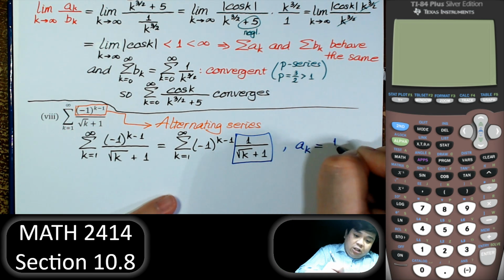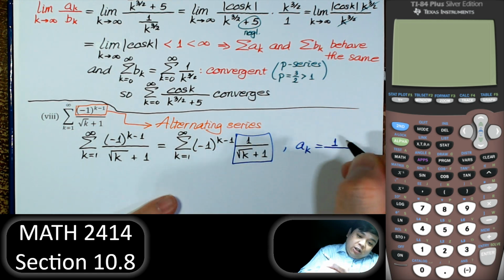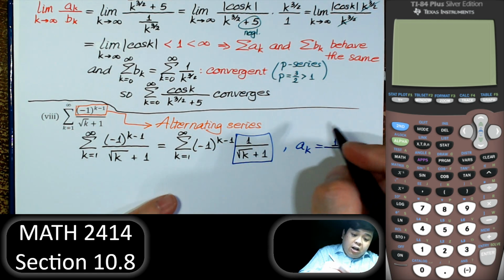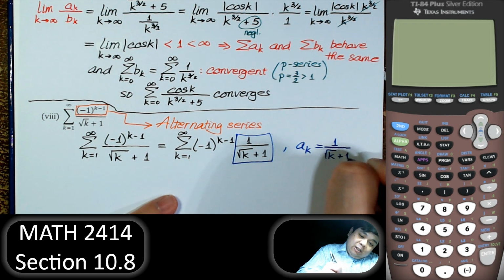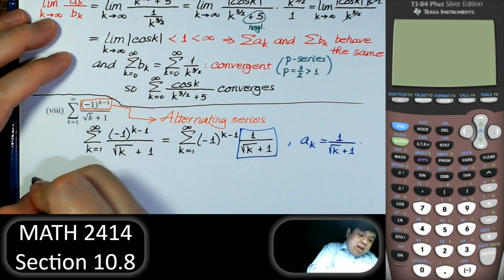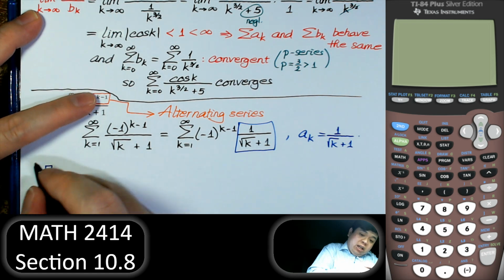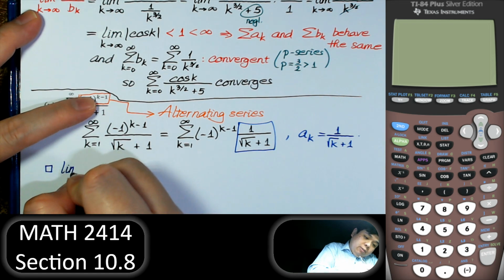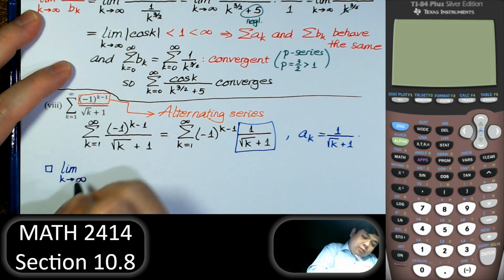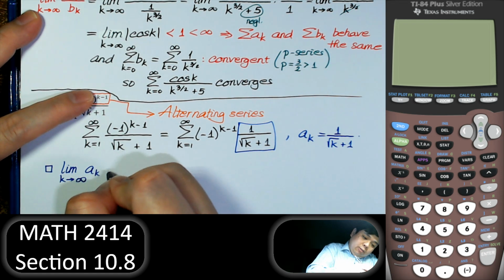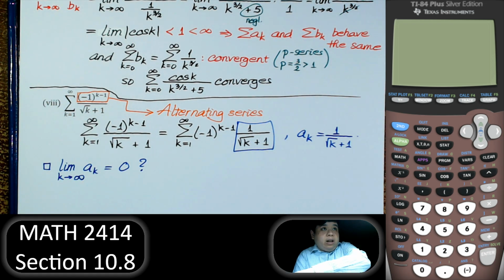So in the alternating series, the term without the negative 1 to the k minus 1, you consider the term of the alternating series. And for the alternating series test, we check two things. First is the limit equals to 0. So we just take the limit here.